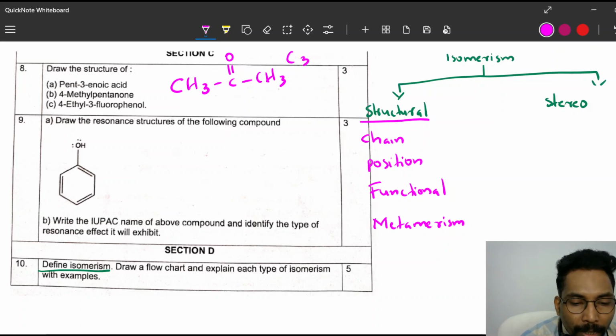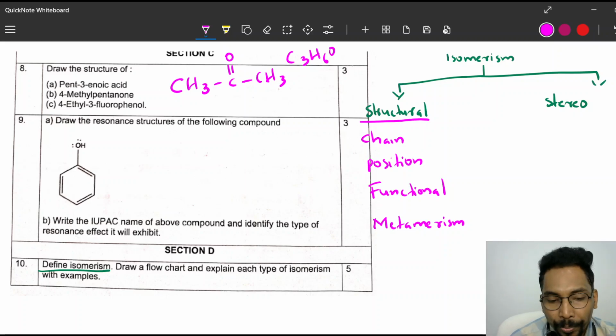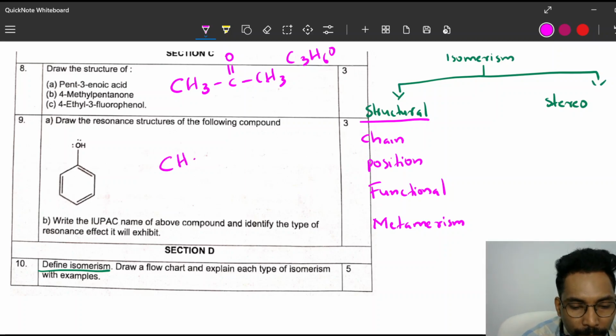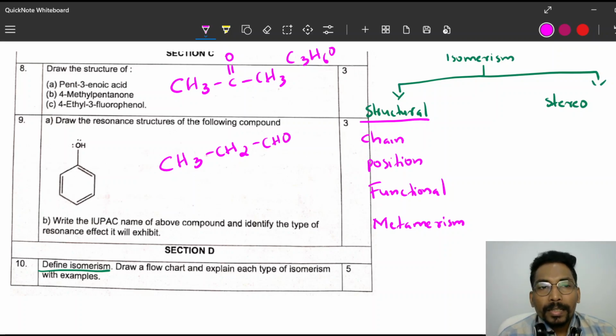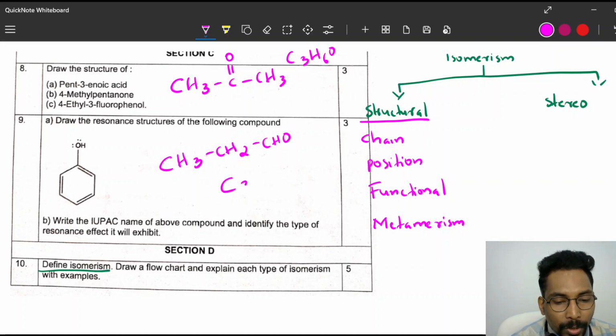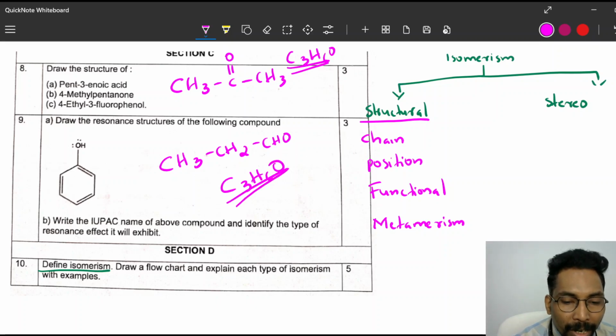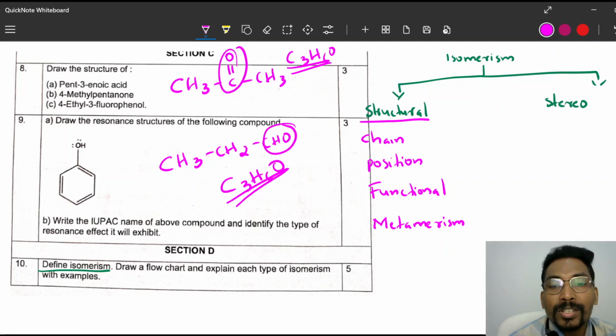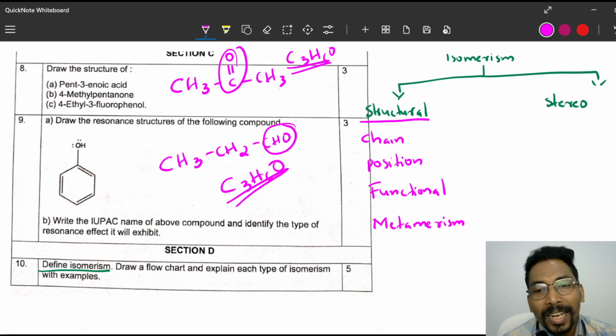C3H6O. And what is this compound? This is propanal, an aldehyde. What is the molecular formula? 3 carbon, so C3, how many hydrogen? H6 and 1 oxygen. So same molecular formula but different functional groups. So functional isomers.